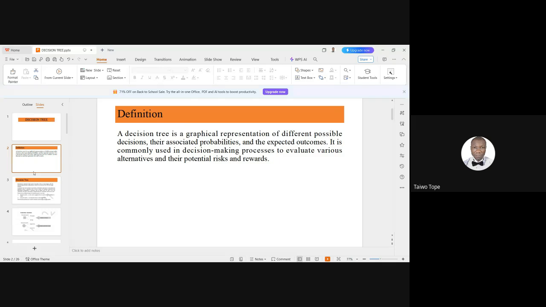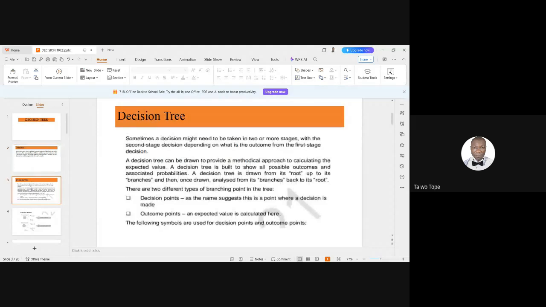From the slide, a decision tree is a graphical representation of different possible decisions, the associated probabilities, and the expected outcomes. It is commonly used in the decision-making process to evaluate various alternatives and their potential risks and rewards. Sometimes a decision might need to be taken in two or more stages, with the second stage decision depending on the outcome from the first stage decision.